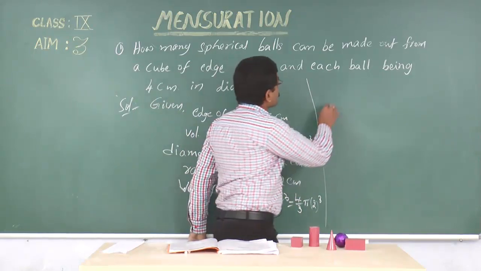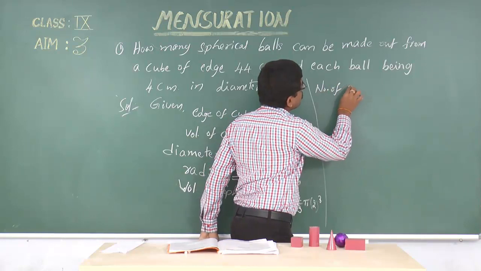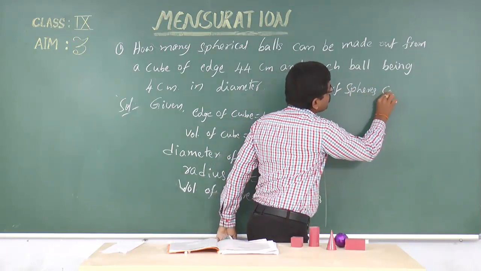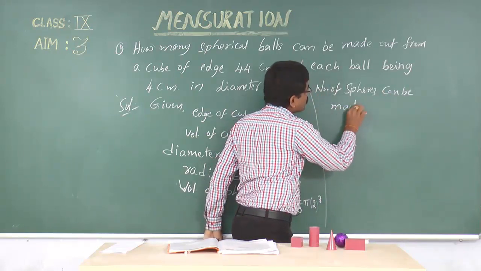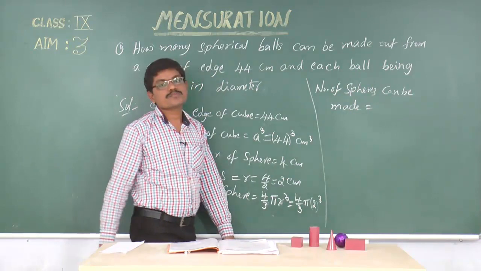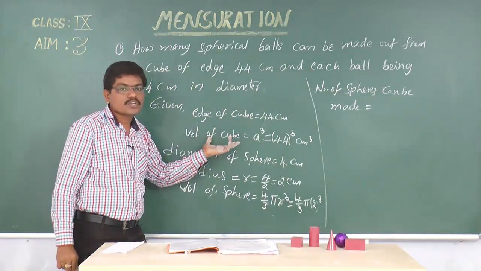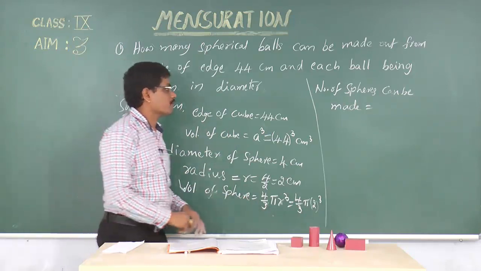Number of spheres that can be made is equal to volume of cube by volume of sphere.